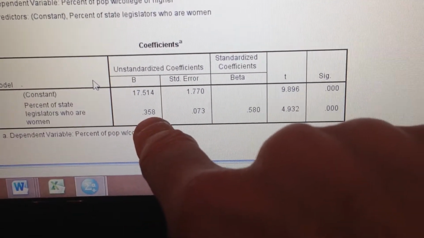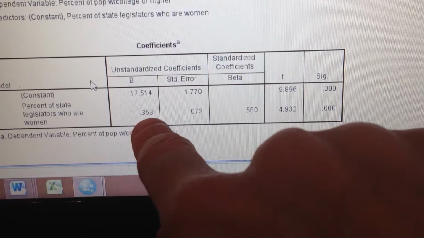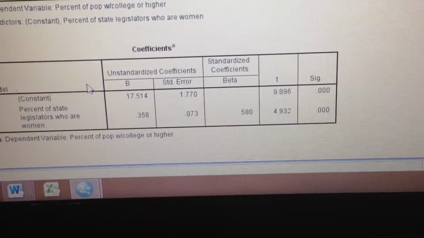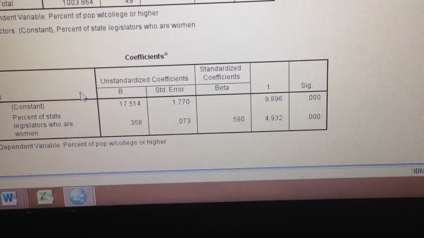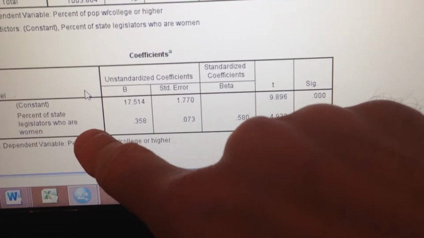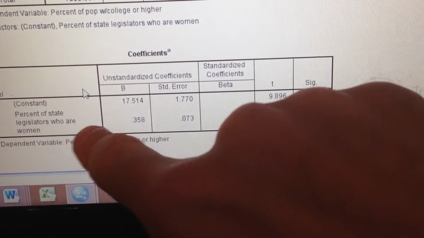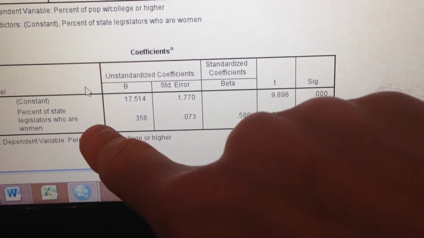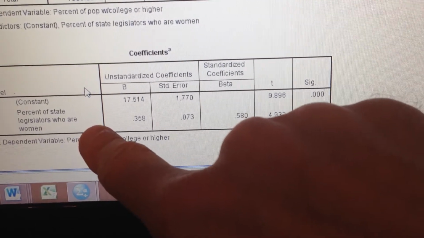Then look at the unstandardized coefficient. What the unstandardized coefficient will tell you is the impact of a 1 unit move from the independent variable on the dependent variable.